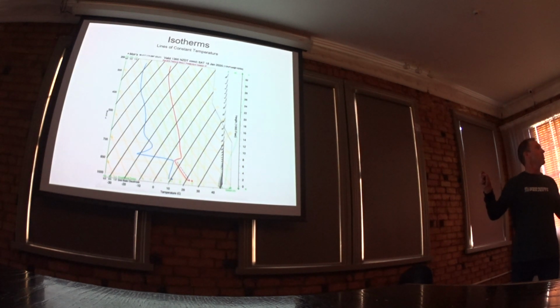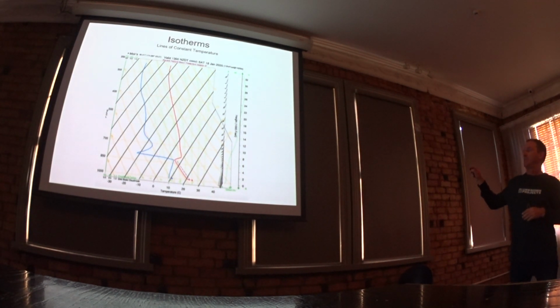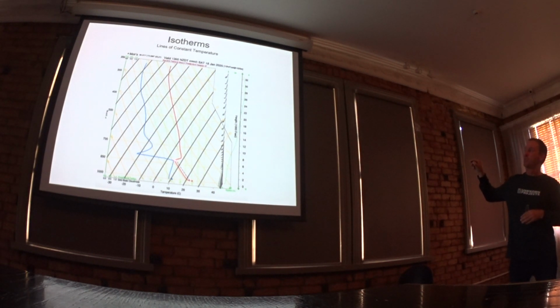So once again, to measure the temperature, you take any point on the red line, top of the inversion. If you want to measure that, you just run a line parallel to these black lines, down to the bottom, and you're between 0 and 10, so it's 5 degrees at the bottom of the inversion layer.